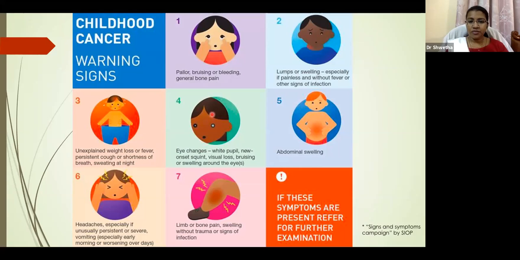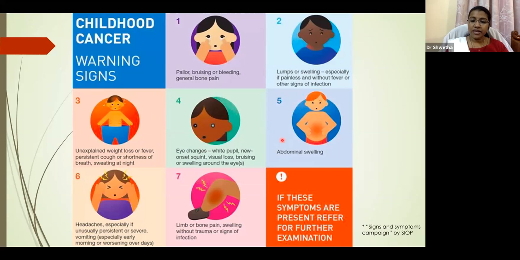Then eye changes that we can see, like a white pupil or a new onset squint, which is commonly seen in tumors involving the eye like retinoblastoma. Patient can present with a new squint and visual loss if the patient has brain tumors, or you can have bruising or swelling around the eyes, which is commonly seen in metastasis from neuroblastoma.